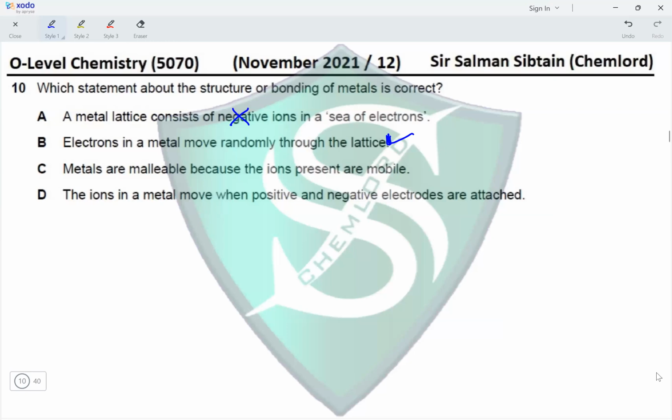No, because the layers of positive ions can slide over one another. So the reason here is incorrect. And D. The ions in a metal move when positive and negative electrodes are attached? No, they don't. Electrons in a metal move because they are delocalized. So option B here is the correct option for this question.